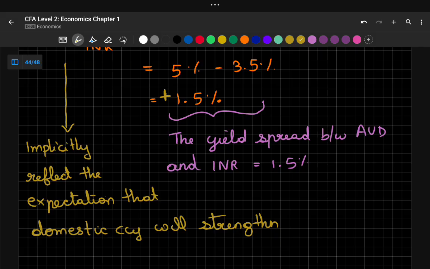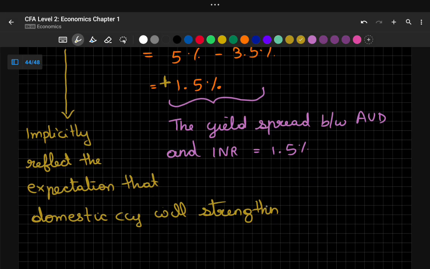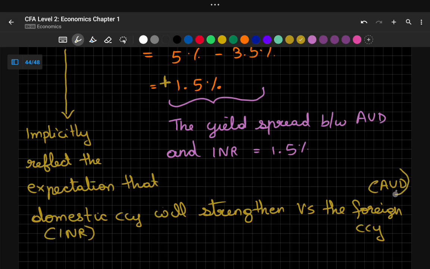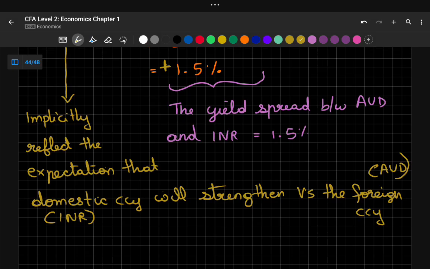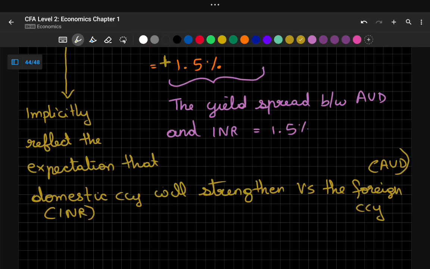will strengthen versus the foreign currency, that is here INR. INR is the domestic currency and AUD is the foreign currency. AUD is offering more interest rate, but using the equation, it means that over time INR, which is offering less interest rate, would strengthen.